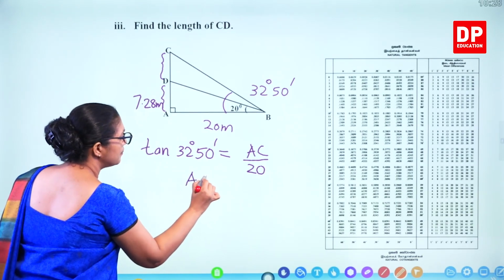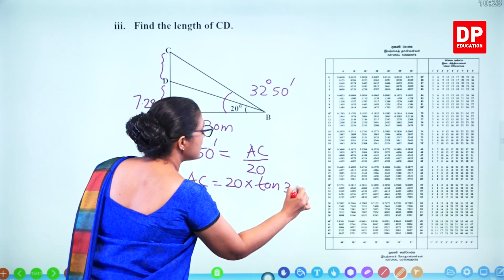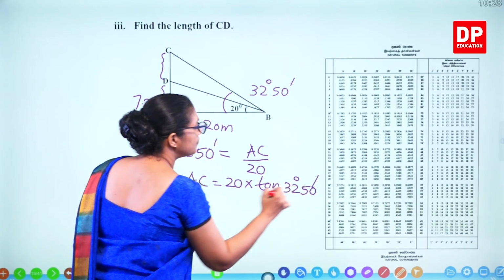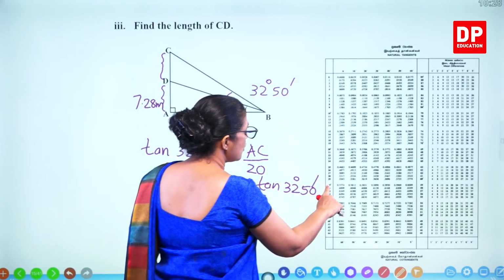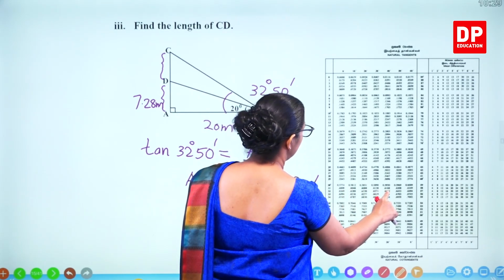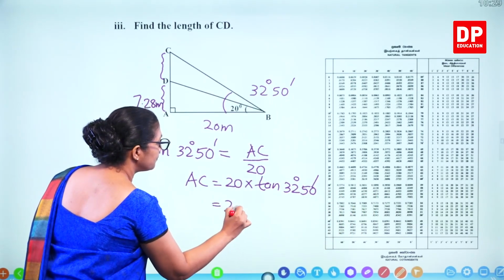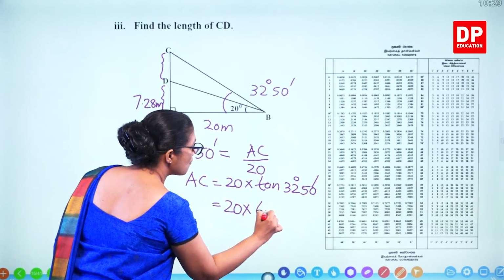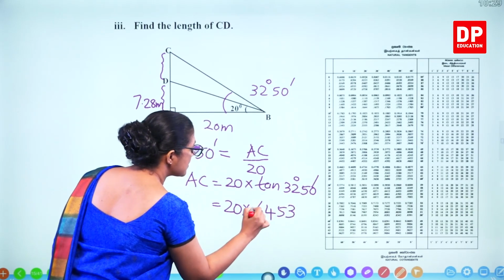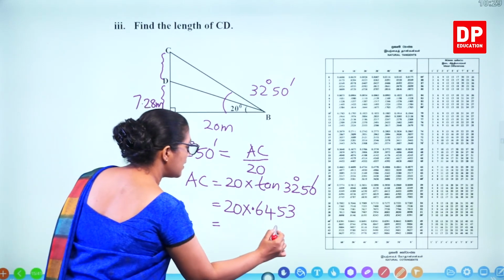So what's AC? 20 times tan 32°50'. Where's 32°50'? 6453. 6453, that's 0.6453 multiplied by 20.